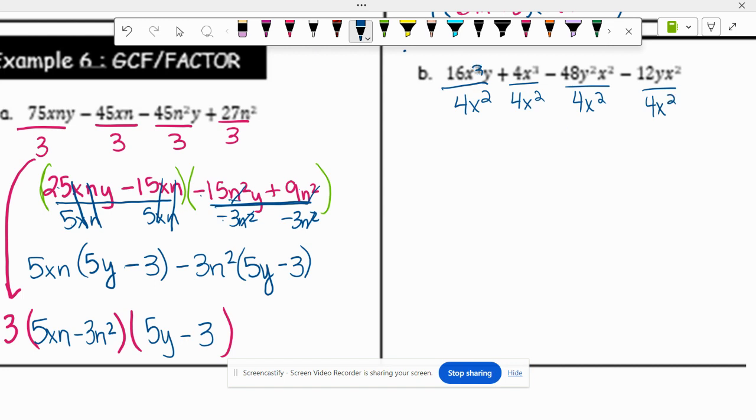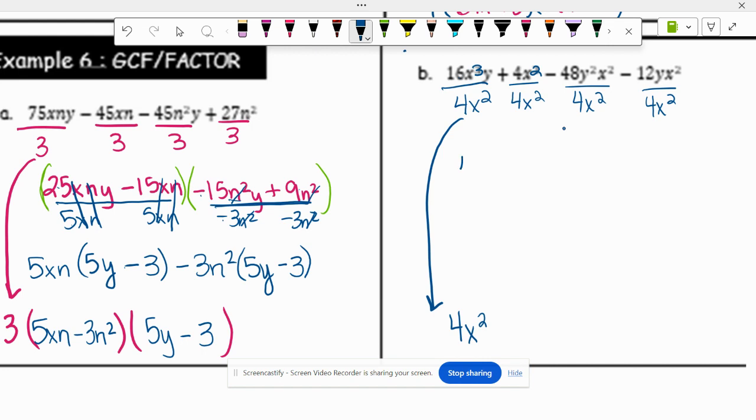These first two terms right here are, this is an x cubed and this is an x squared. It might not look like it, but it is, I promise. Sir. Say again. Yes, I am. I'm dropping that 4 to the bottom. Good job, Justice. 4x squared.